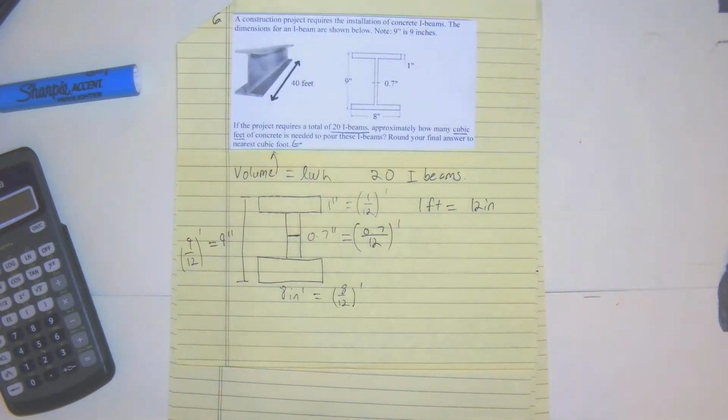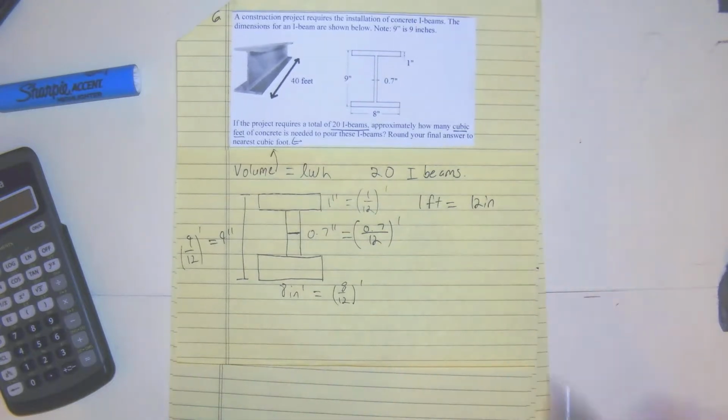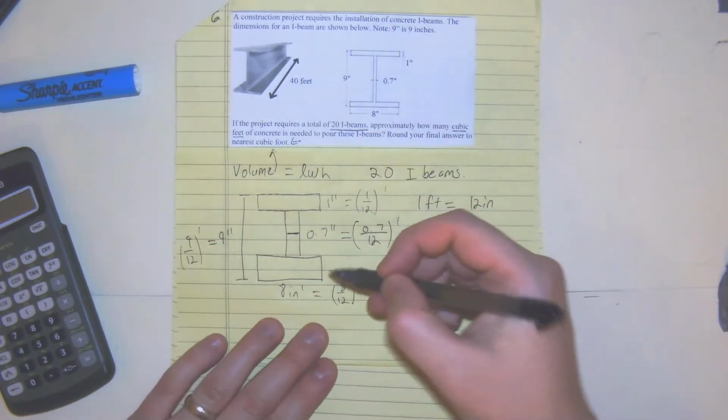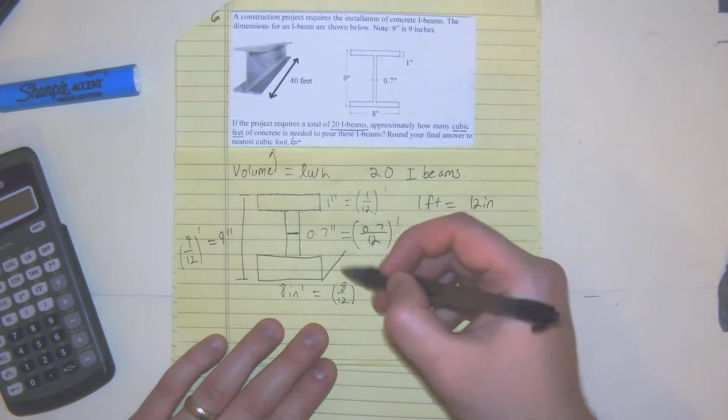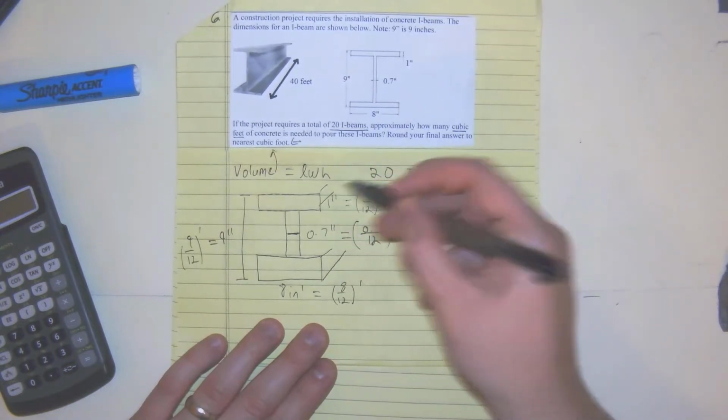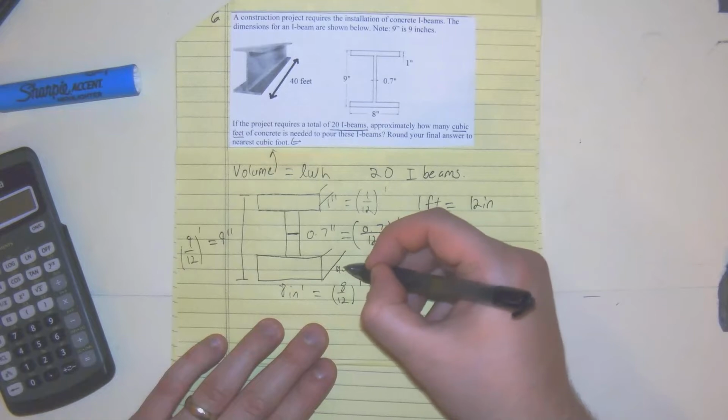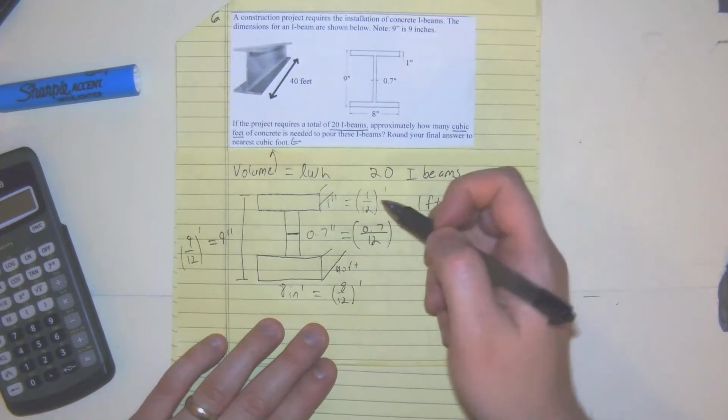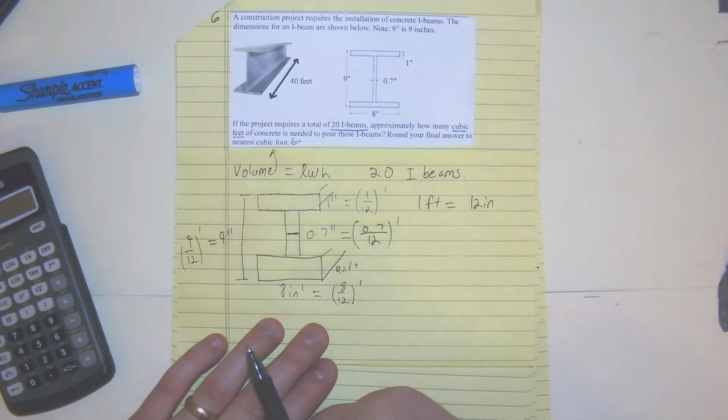So what's important here? Well, we've got to break these apart. If we were to draw this out, the distance is going to be 40 feet, and that's for all of them. Luckily we converted everything to feet already.